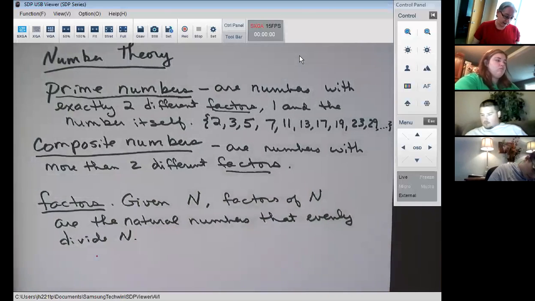So in other words, if I wanted to know if 2 was a factor of 21, I would take 21 and divide it by 2. That doesn't go in there evenly. Dividing evenly means there's no remainder, that it goes in a natural number of times.